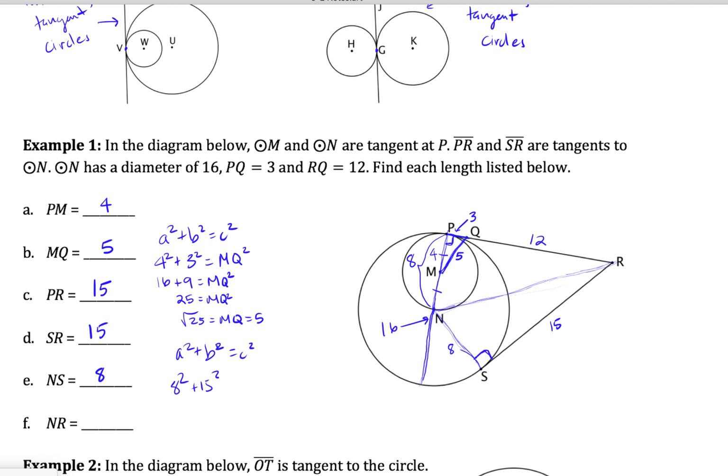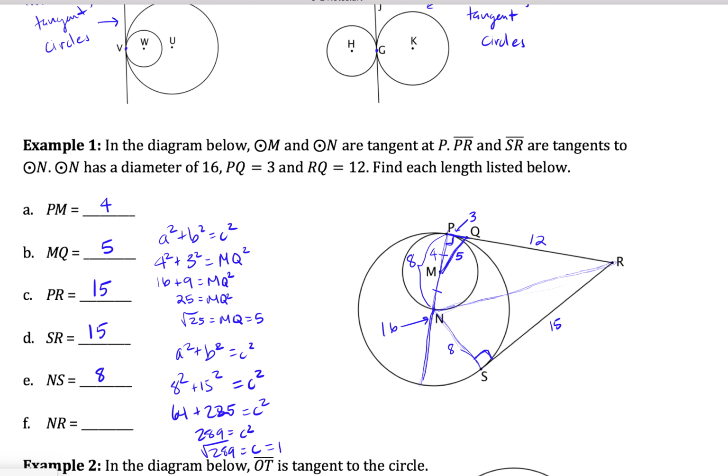And some of you might be recognizing this as another Pythagorean triple. If not, we can work it out. 8 squared is 64. 15 squared is 225. So 64 plus 225 is c squared. That's 289 for c squared. So the square root of 289 is what the length of c is, or the length of NR is.